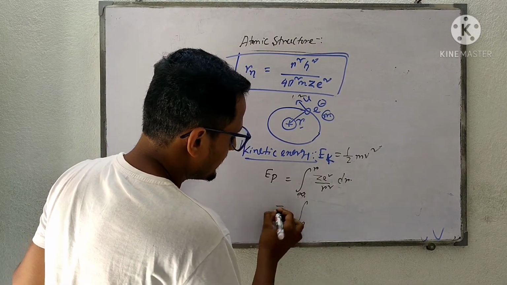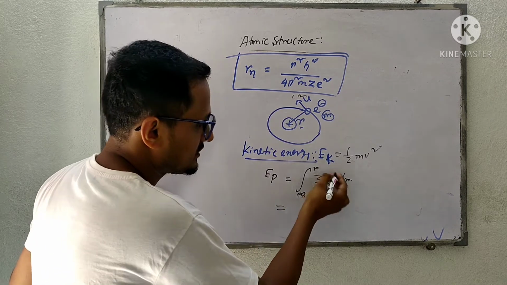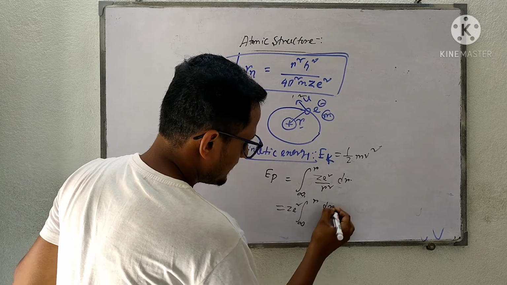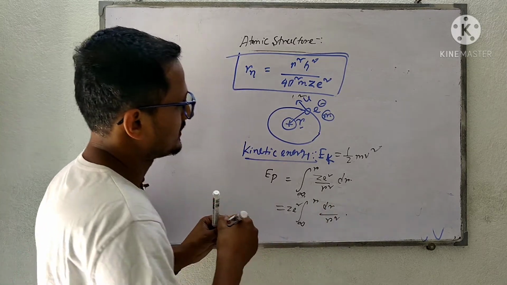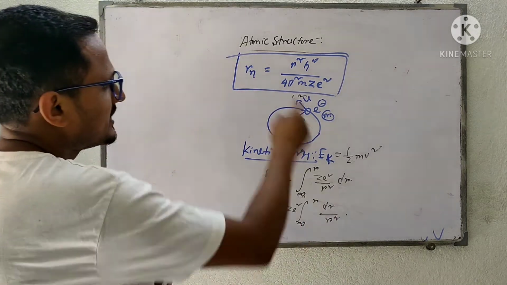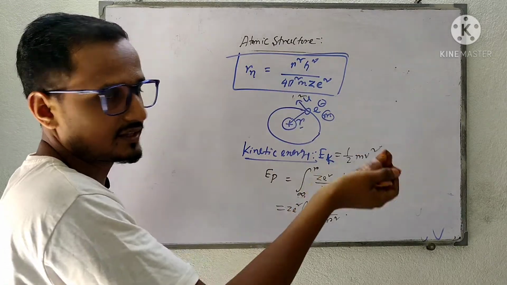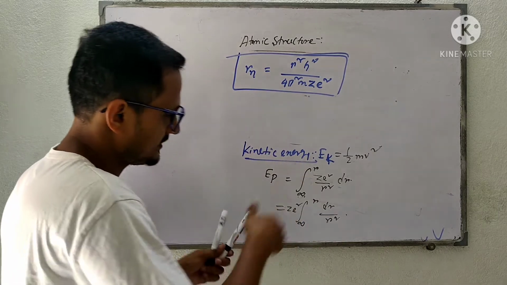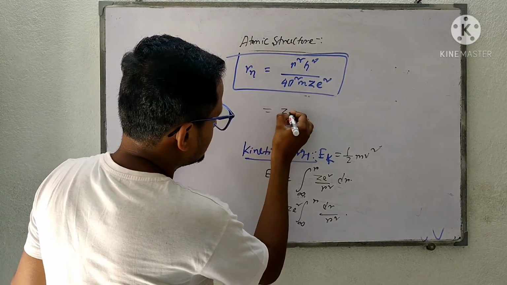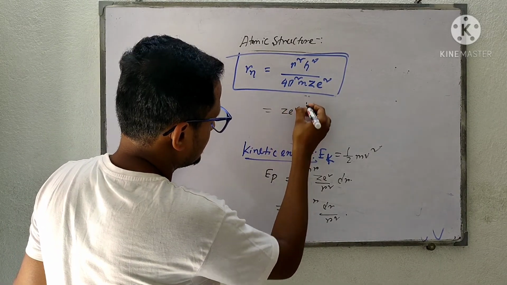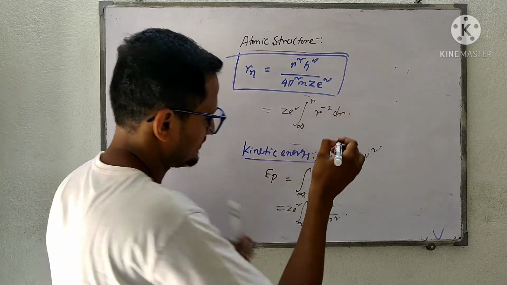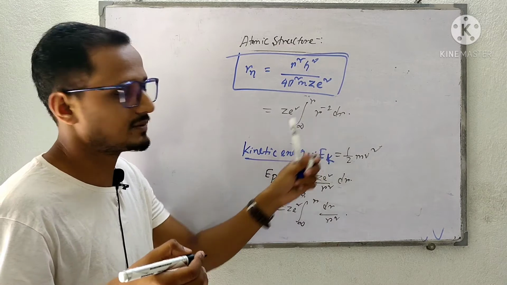According to the integration rule, Z square is constant, so it will come out first, then dr by r square. Just copy this one. So here Z square, infinity to r, r to the power minus 2 dr. 1 by r square can be written as r to the power minus 2.